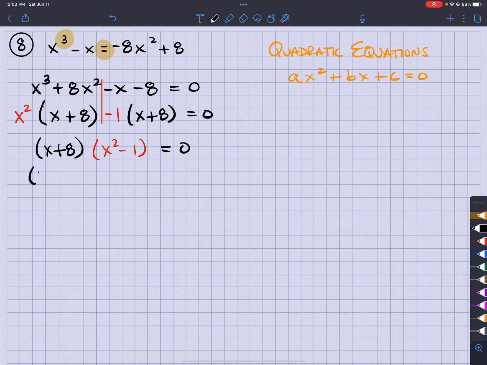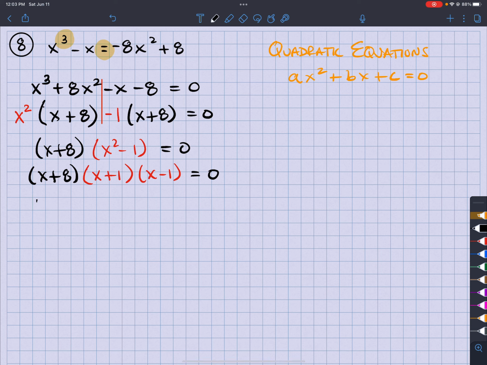So I'm going to have that x plus 8, and that x squared minus 1 is actually going to be x plus 1 and x minus 1, because x times x gives me x squared. 1 times 1 gives me 1, plus minus. And there we go. Now we're done with that piece. I'm just not done with solving.